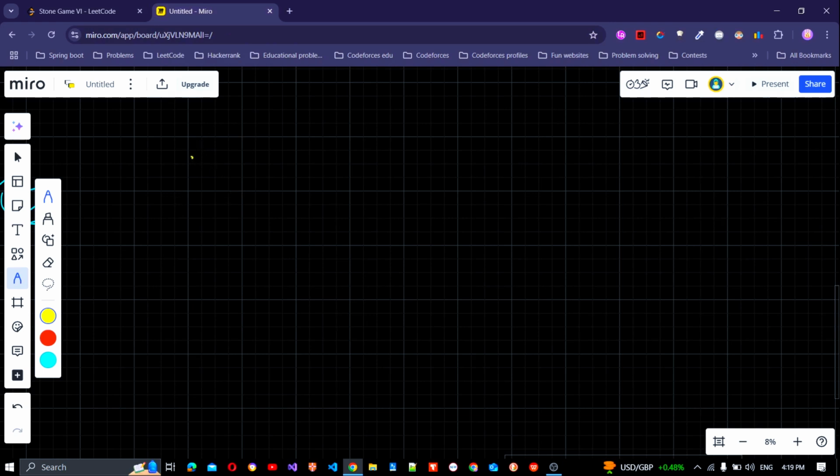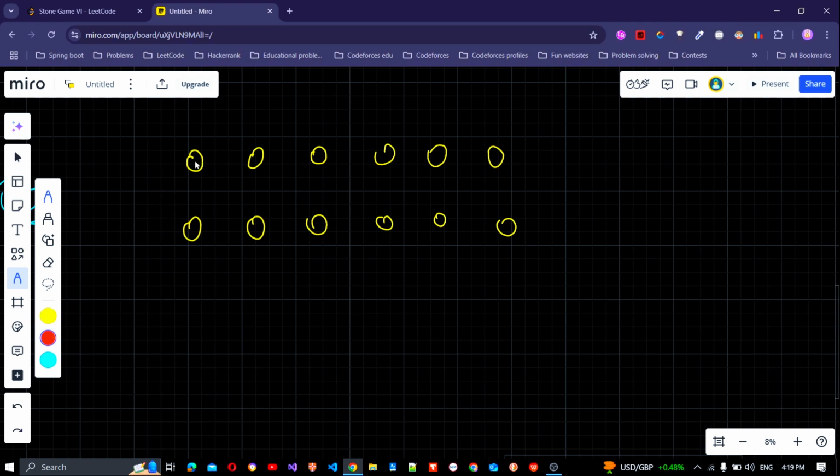Now imagine these stones. I'm going to draw 6 stones, and then I'm going to draw 6 stones here. This will represent the stones for Alice, and this one will represent the stones for Bob.